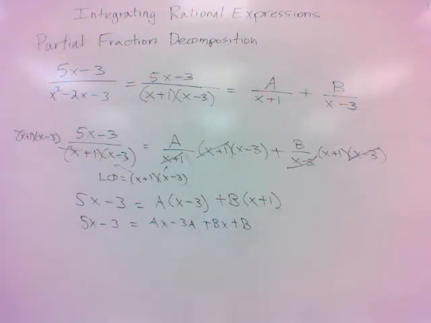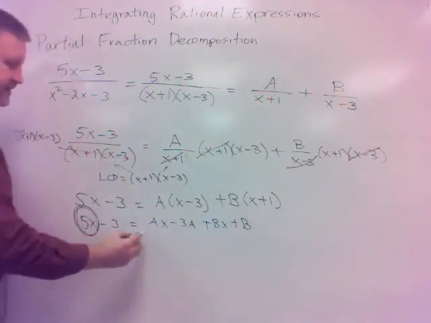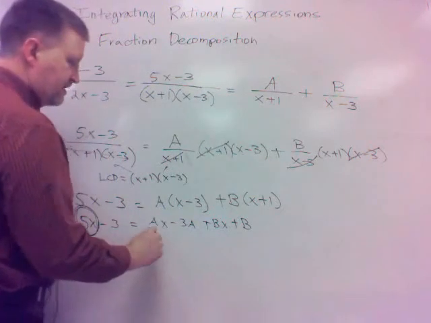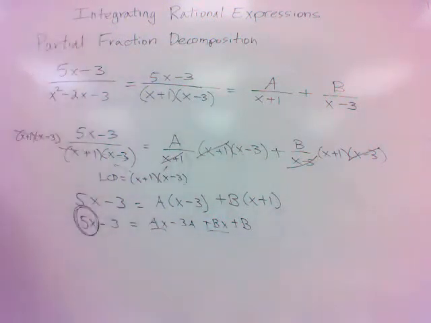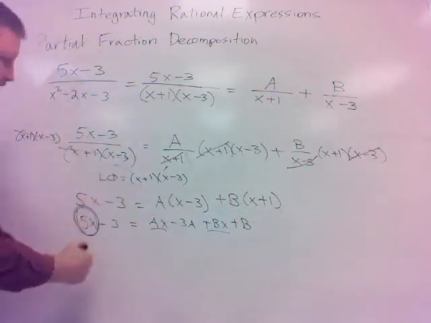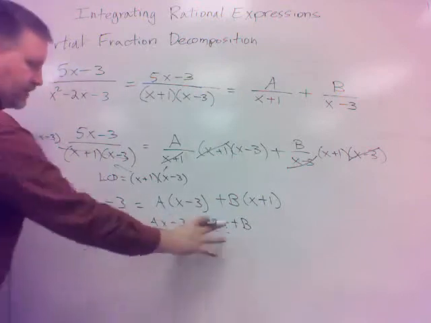Well, the way you go from here is notice on the left side I've got 5x, and then on the right side don't I have 2x terms? I've got ax and I've got plus bx. Essentially what we're doing, I won't necessarily write this every time, is regrouping here.